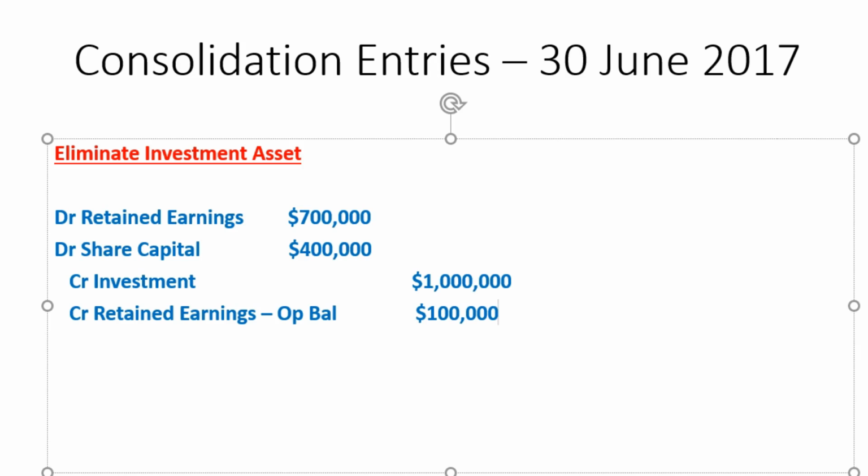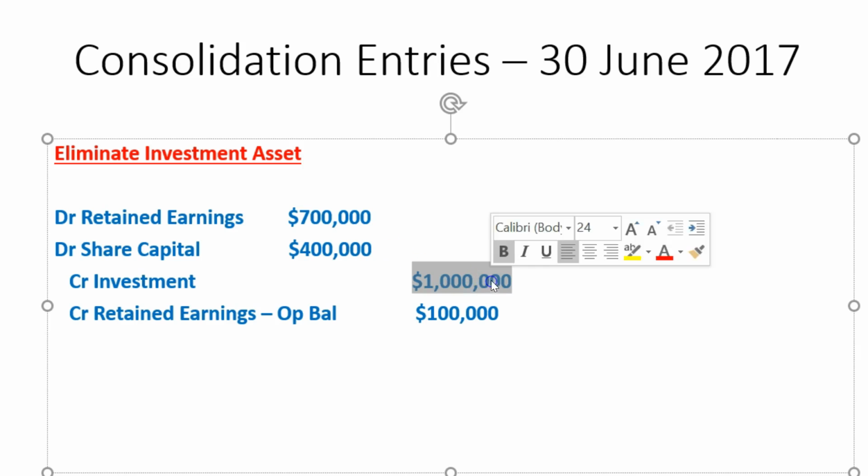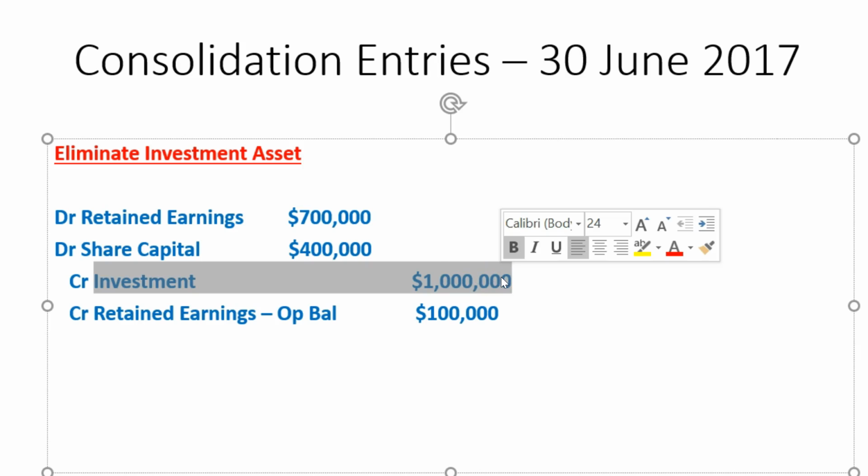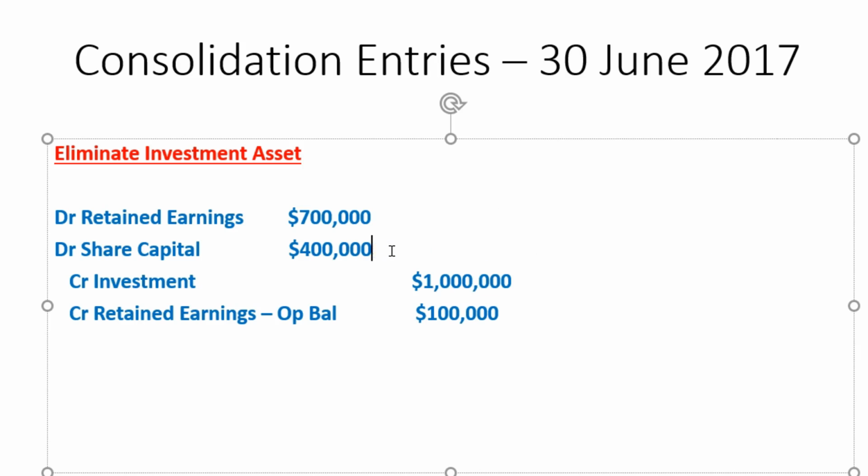All right, for that $100,000. Now, this is because the net assets will be worth 1.1 million when we consolidate our financial statements. So there'll be 1.1 million assets of the subsidiary that we will add to the parent, and there will only be equity worth $1 million to offset this $1.1 million worth of assets. So by eliminating this investment asset of 1 million, we'll be replacing it with $1.1 million of assets.